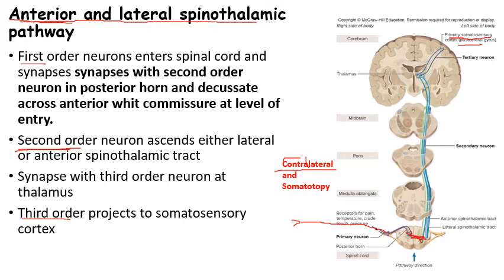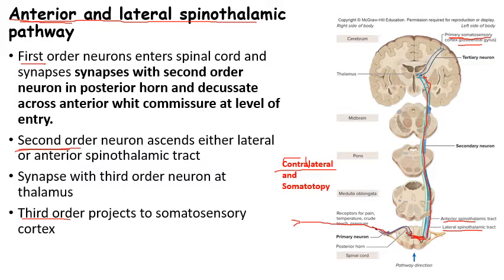Again, depending on the information, for pain, lateral spinothalamic tract, or for crude touch and pressure, anterior spinothalamic tract, the second order neurons would climb up the spinal cord, up through the medulla, the midbrain, and ultimately synapse at the thalamus.